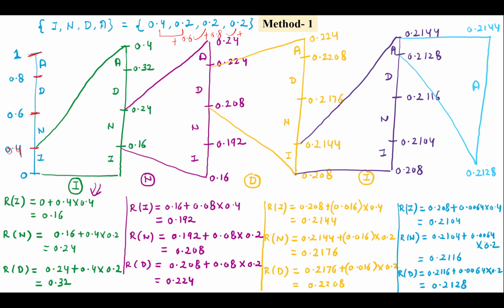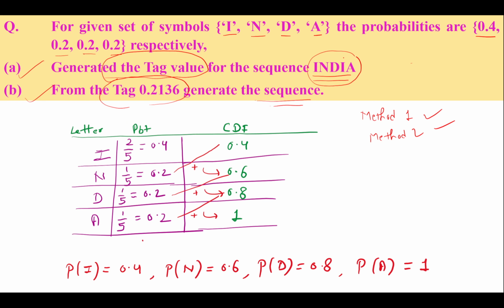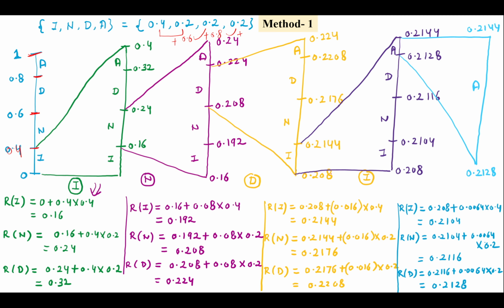In the given sequence, India, the first letter is I, so we have to encode this letter first. First we decide the lower limit and upper limit of the letter I. The upper limit of the letter I is 0.4 and the lower limit is 0.